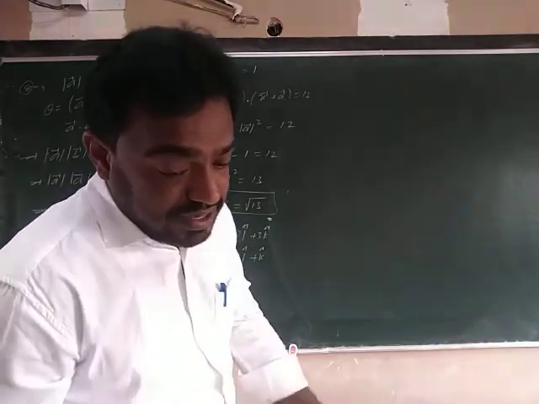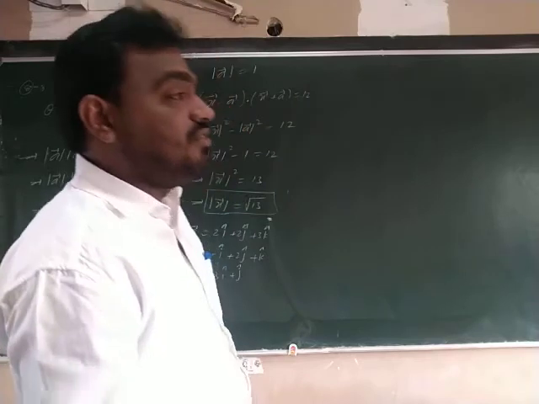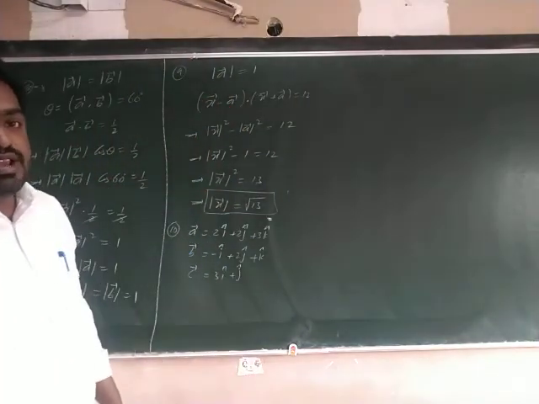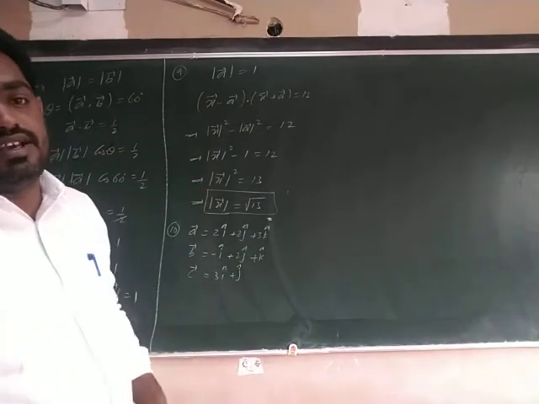What is that? A plus lambda B is perpendicular to vector C. So that means A plus lambda B dot C is equal to 0.